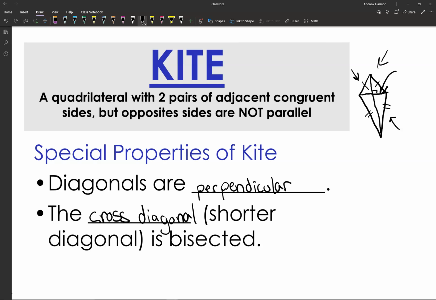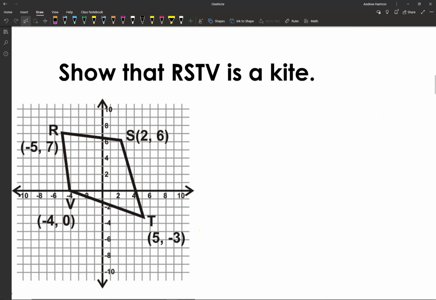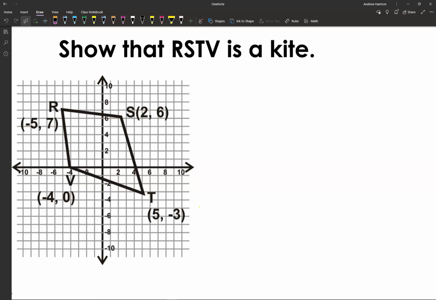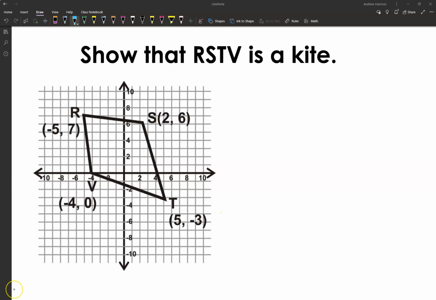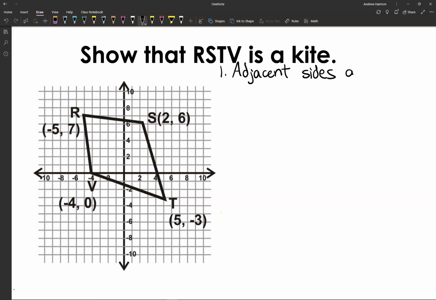So let's take a look at determining if RSTV is in fact a kite. We need to show that those properties that we just learned about a kite are true. The first property we need to show is that the adjacent sides are congruent. The second property we need to show is that the opposite sides are not parallel.